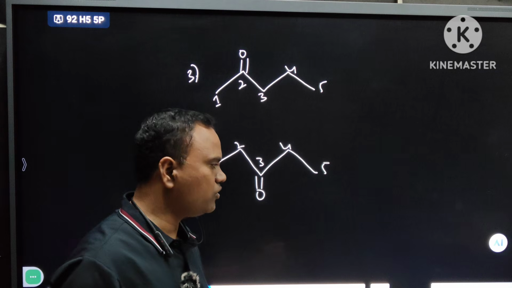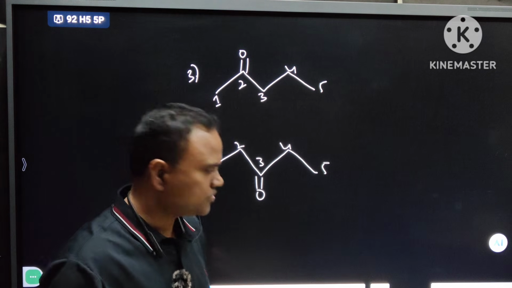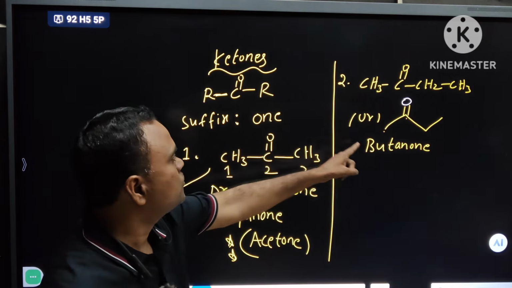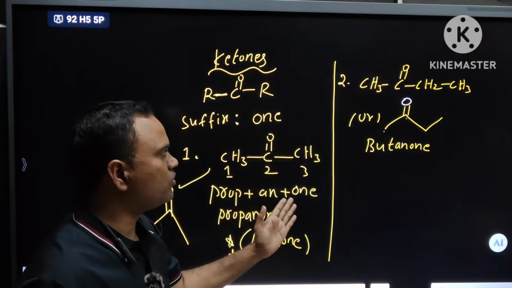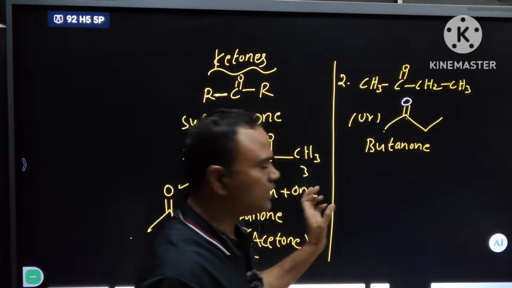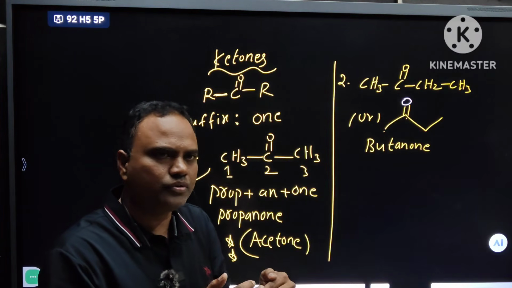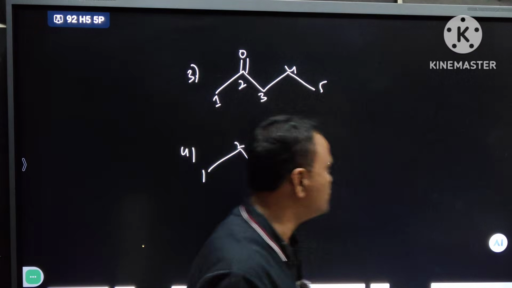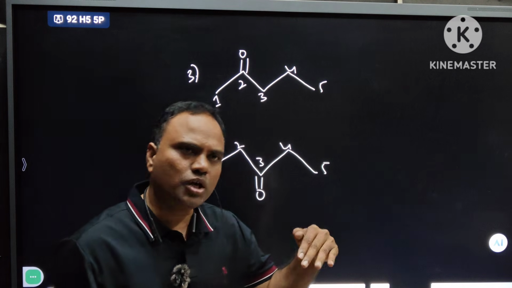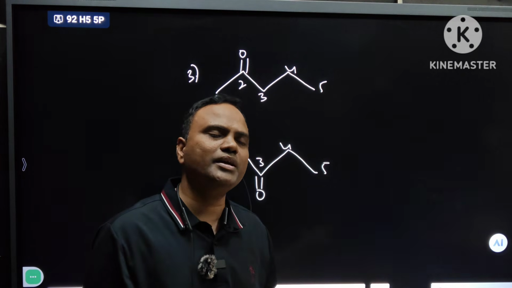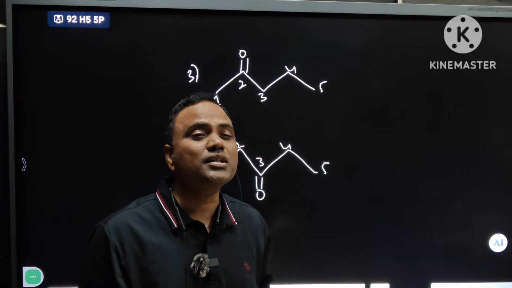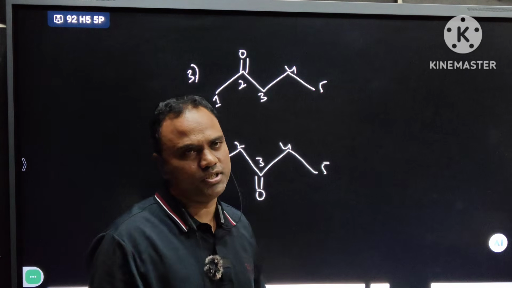Below 5, you no need to mention. See, I didn't write 2 butanone or 2 propanone. Clear? When the carbon number is below 5, you no need to mention the position. 5 or above 5, then you have to mention the numbering. Numbering in the sense of where C double bond O is present.